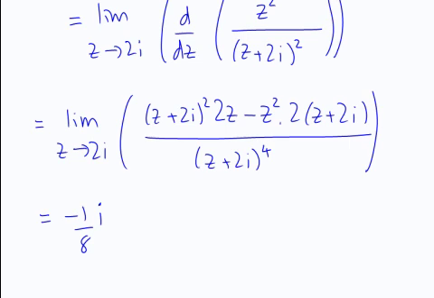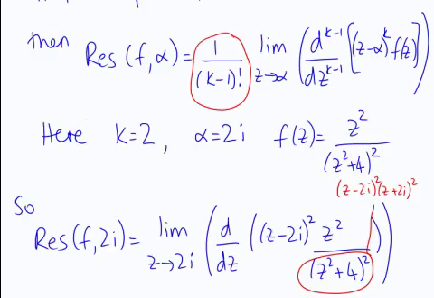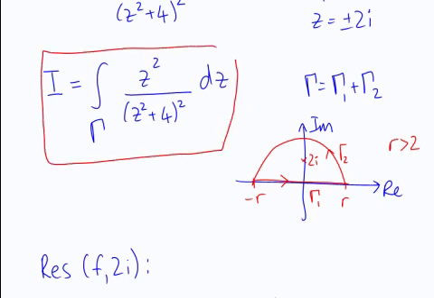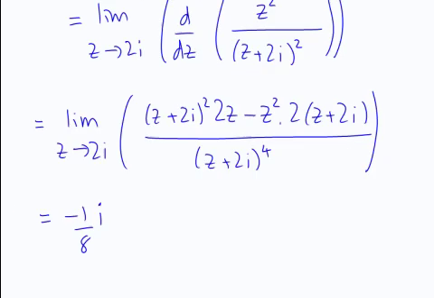So just to remind you what we were doing here, I'll just go up to show you, we were actually evaluating this integral here around the closed contour gamma, which is the sum of the two individual gamma 1 and gamma 2. So I'll just summarise that here.